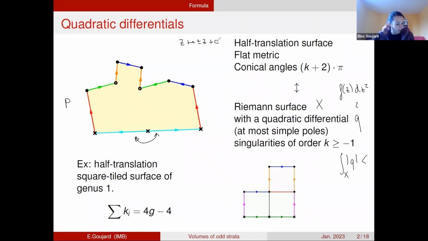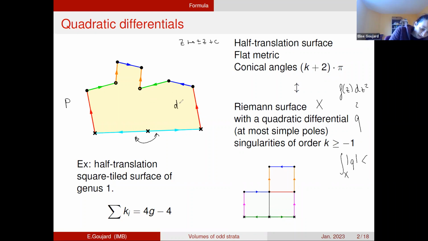This is a half translation surface, and it's equivalent to a quadratic differential on a Riemann surface. I won't do the proof, but when I draw a polygon like this in the plane, I actually consider a chart from a surface, and the changes of charts are holomorphic, so it's a Riemann surface.